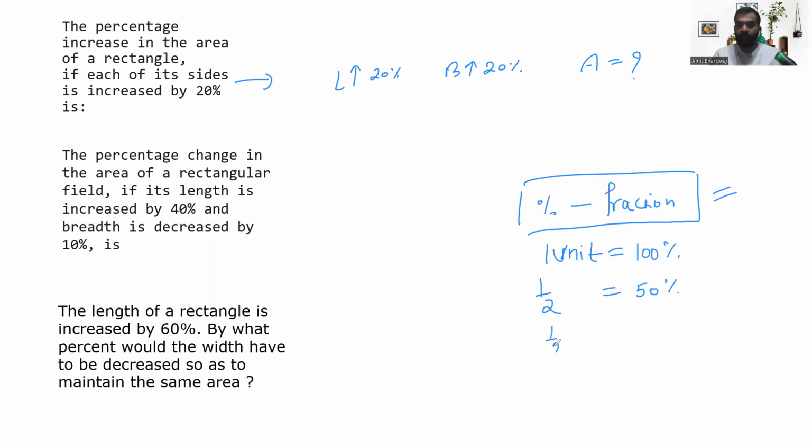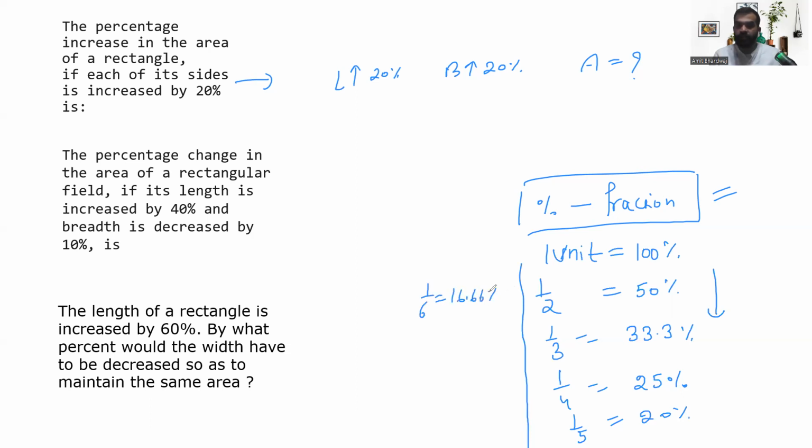Similarly, 1 by 3 will be 33.33%. 1 by 4 will be 25%. 1 by 5 will be 20%. Proceeding further, 1 by 6 will be 16.66% and 1 by 7 will be 14.28%.